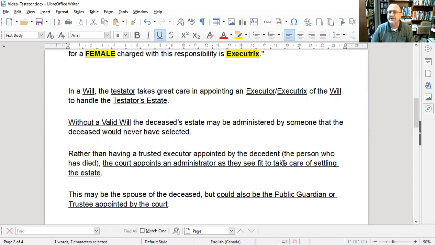It creates delays in settling your estate, and it can create problems because you haven't dictated all your wishes. The government has a plan, and your estate will be divvied up the way the government sees fit, according to their rules.